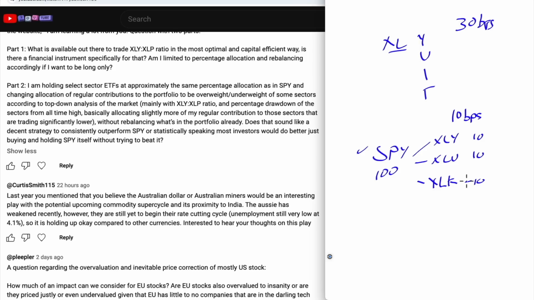And just underweight it. This way you're paying 10 basis points over here and only 30 basis points on that lower amount. Since SPY already has a weighting to XLY, you're just adding 10 more shares, and suddenly you're overweight. So start from the core of SPY, there's your equal weight, and then you can just buy shares to overweight something, sell shares to underweight other sectors.